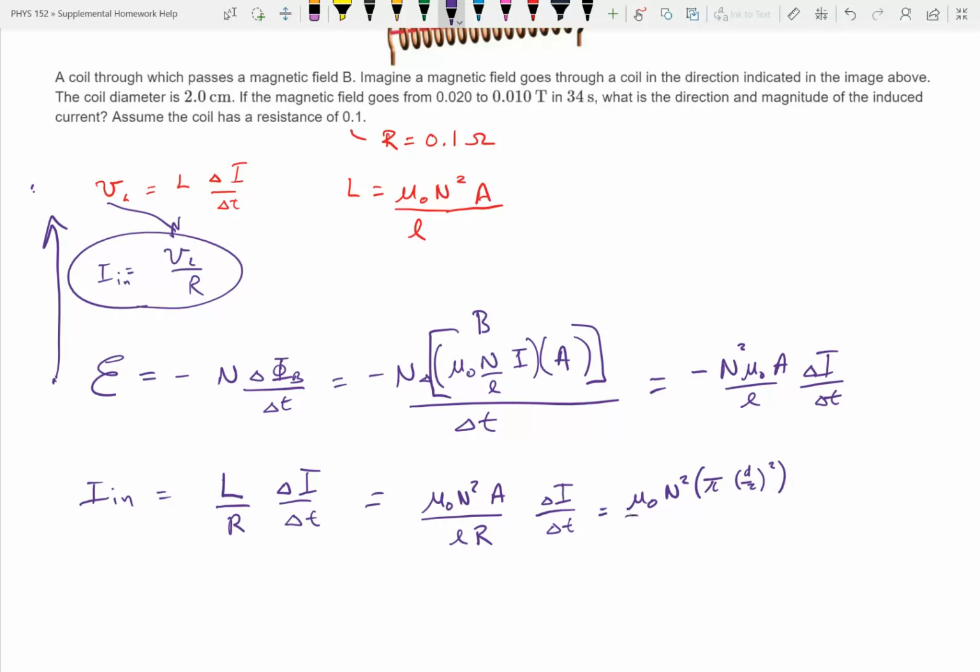I've memorized mu naught. Yeah, I had it wrong yesterday. I put 2 pi instead of 4 pi. I wrote 4 pi the first time, then I thought, no, I think it's 2. I was wrong.